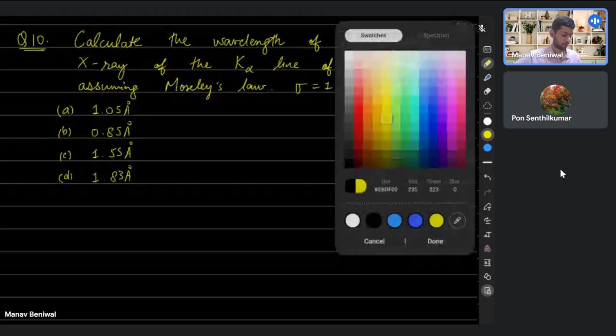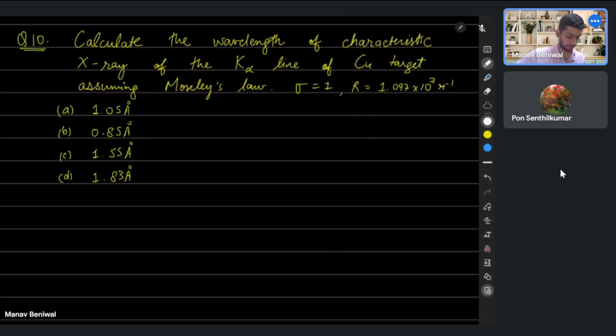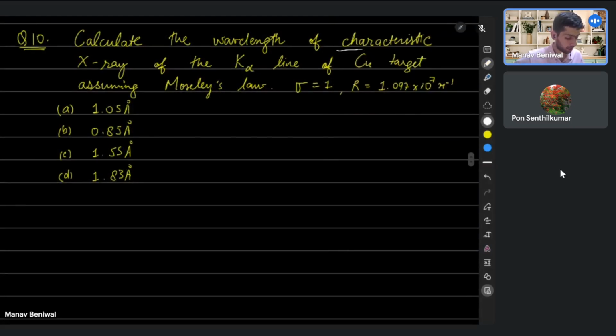Now let's try to understand it. They are talking about characteristic X-ray. Because it is characteristic X-ray, it will depend on the material we are choosing. Here our material is a copper target, and the characteristic X-ray has a special line called the K alpha line. Now we have to calculate the value of the K alpha line.